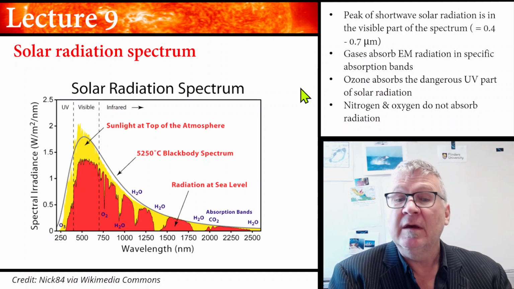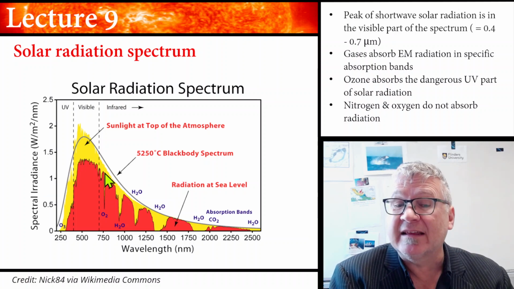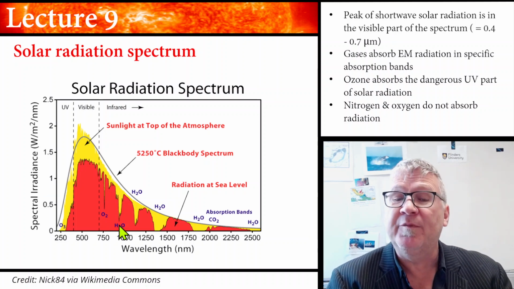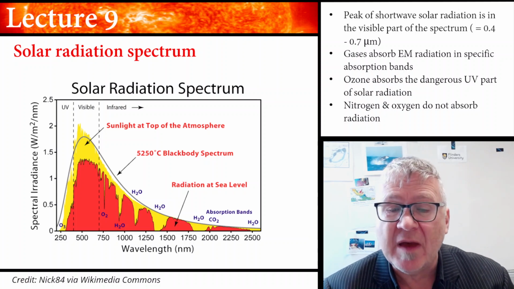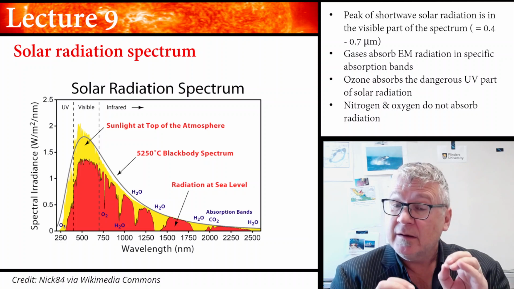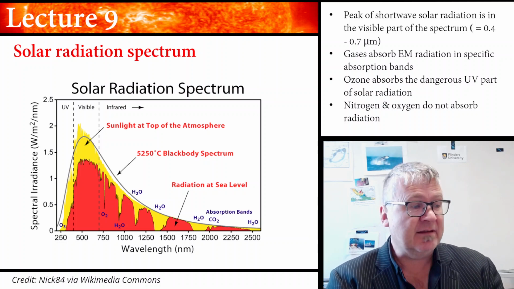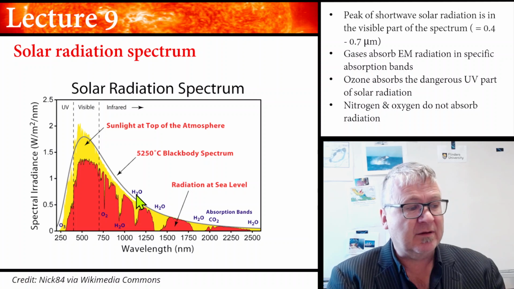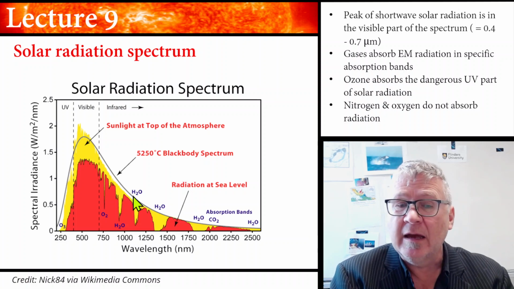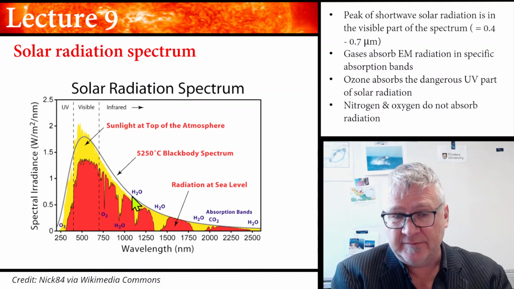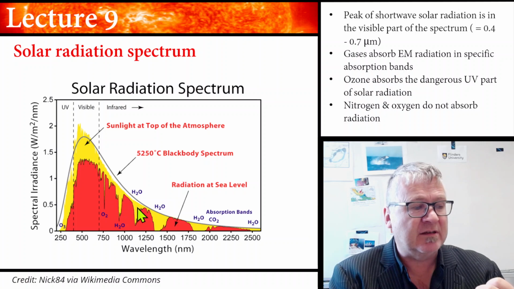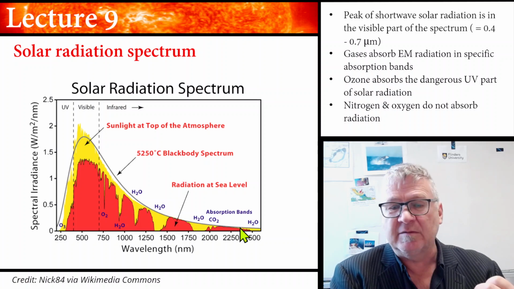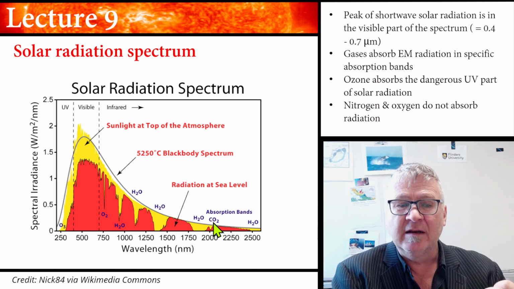Now what happens here is that there are gases that absorb radiation in specific absorption bands. It's named here as water vapor. You can see it takes away the solar energy flux at specific bands. There are quite a number of bands here, and this band, this band, this band. You can see CO2 has a little influence here.